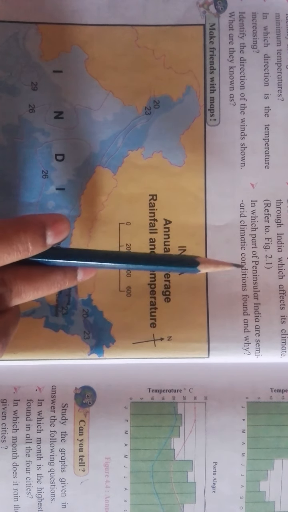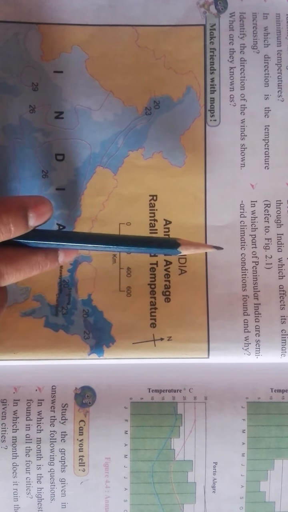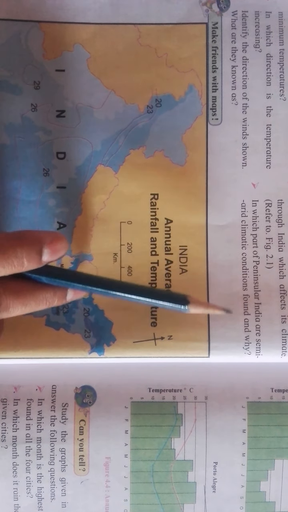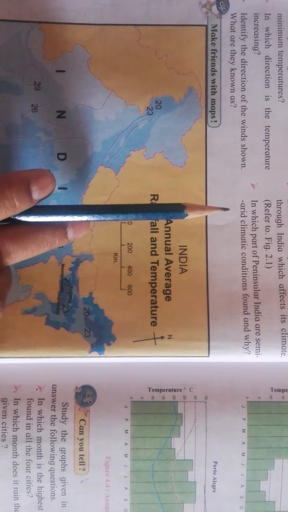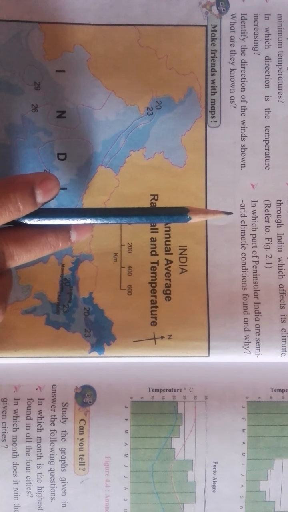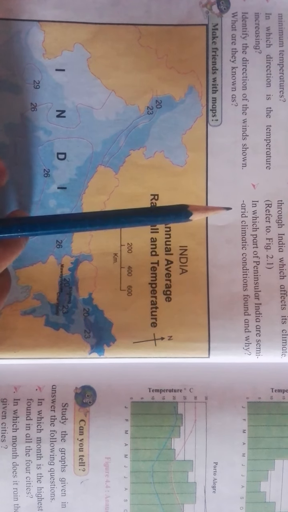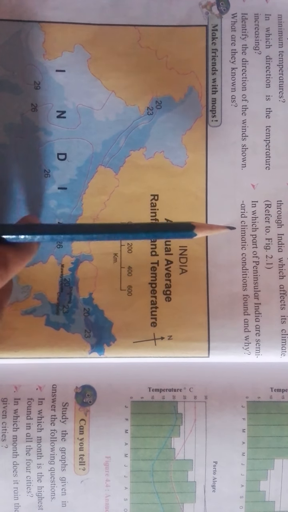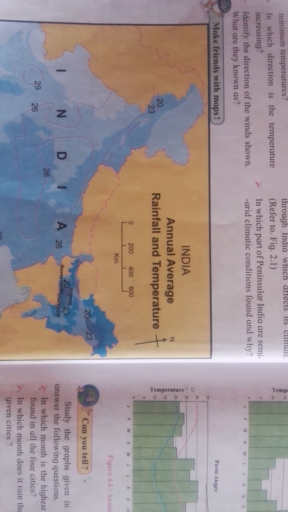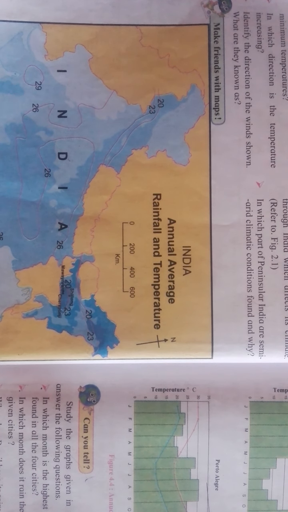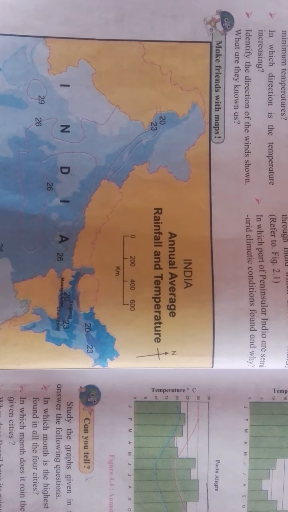India is the Tropic of Cancer. In which part of peninsular India are semi-arid climatic conditions found and why? Arid means what? Arid means dry conditions, there is very little rainfall.